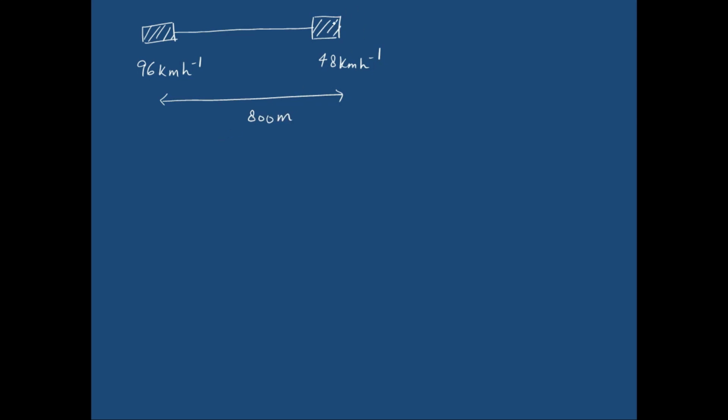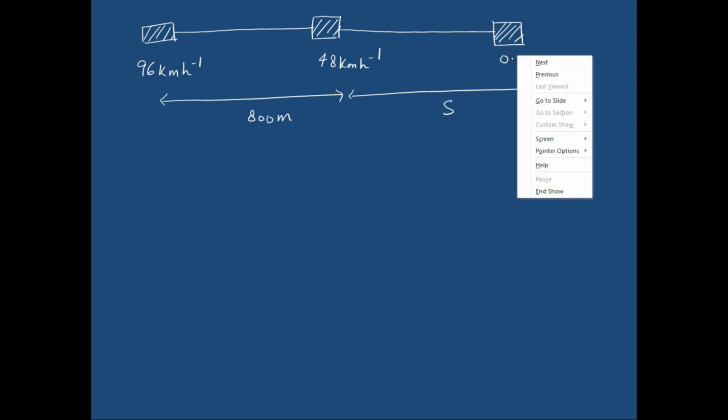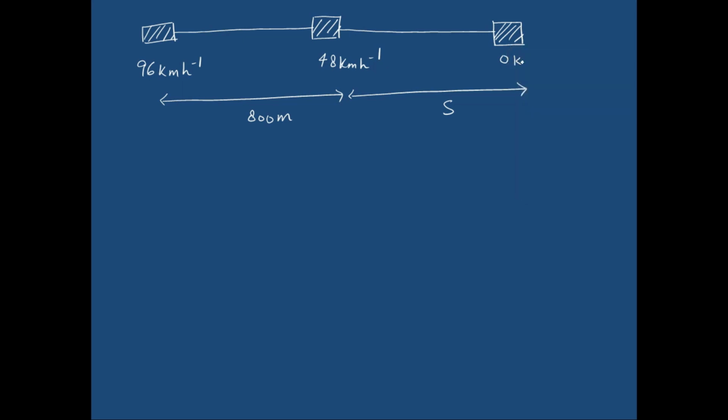But as the retardation is uniform, the train keeps on decreasing its velocity and ultimately stops after covering some more distance. That distance is called S, and its final velocity is 0 kilometers per hour.